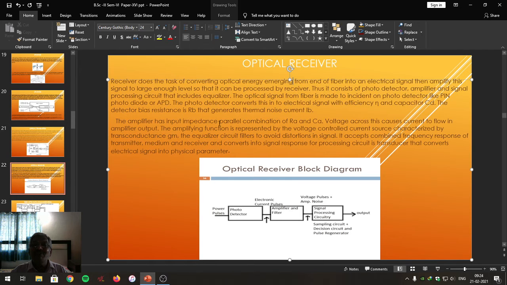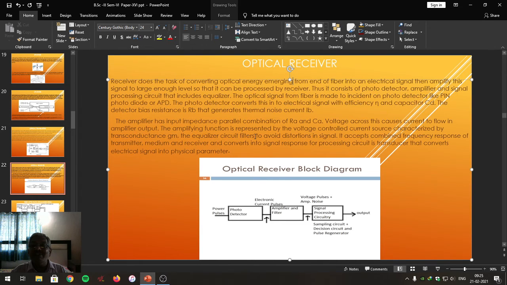The amplifier has an input impedance which is a parallel combination of RA and CA. The input impedance of the amplifier is RA in parallel with the coupling capacitor CA. Voltage across these causes current to flow in the amplifier output. The amplifying function is represented by the voltage controlled current source characterized by transconductance gm.